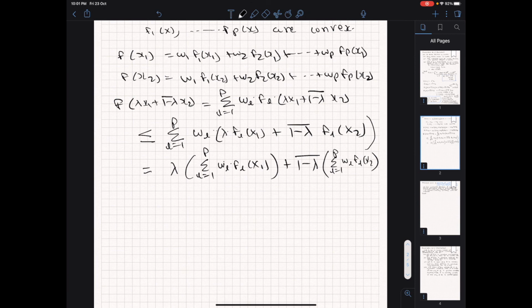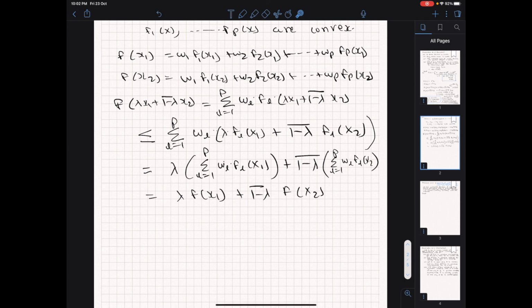And what is this term here? This is f of x1. So lambda times f of x1 plus 1 minus lambda times f of x2. And what has been induced on f of lambda x1 plus 1 minus lambda x2? First we have induced this less than or equal to property, and that continues in this step and in this step.